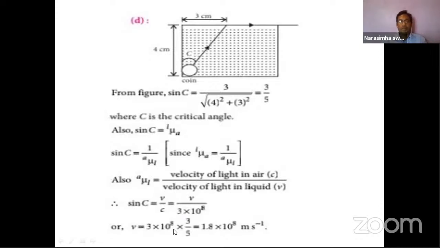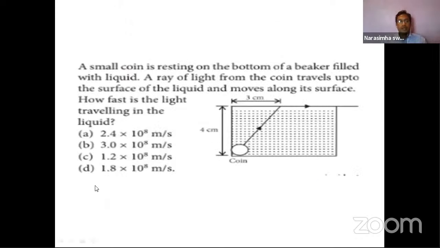Taking out V, and the sin C value we got is 3 by 5. So V is equal to 3 into 10 power 8 into 3 by 5. How much are you getting? 1.8 into 10 power 8 meters per second. So the D option is correct.